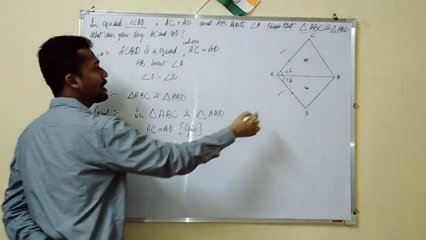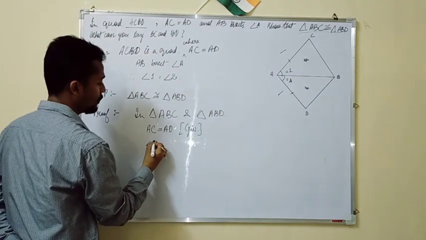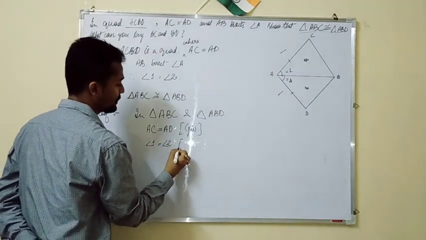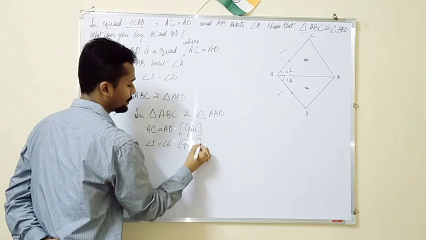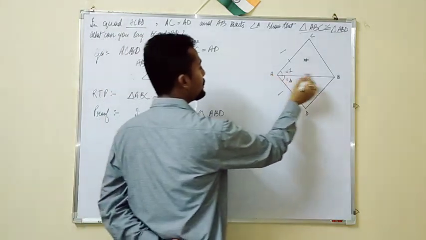Next, angle 1 is equal to angle 2, given. Then AB is common.